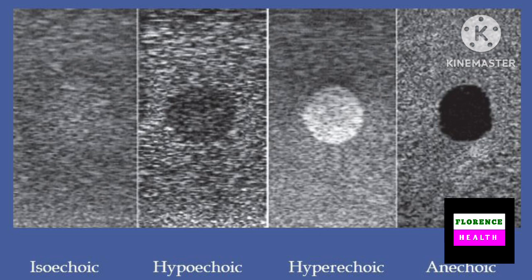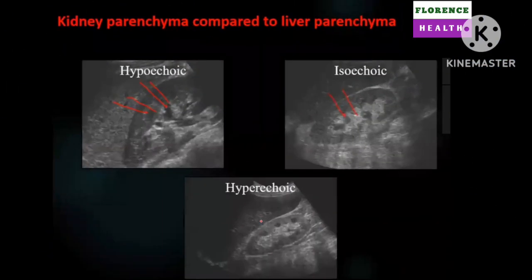Let us do with an example. In this slide, the left side top image shows the kidney cortex or renal parenchyma is hypoechoic compared to the surrounding liver. The right side top image shows the kidney parenchyma is isoechoic compared to the surrounding liver.